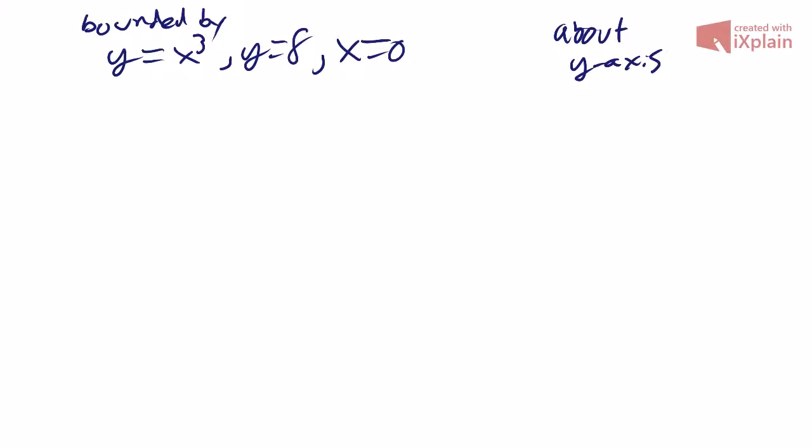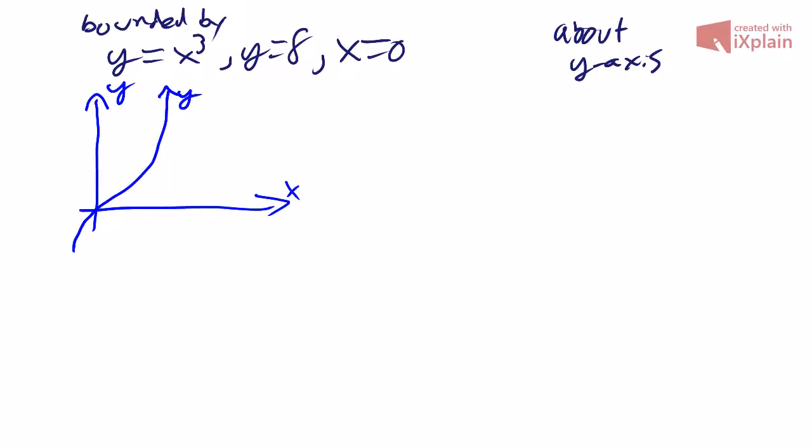Alright, so let's sketch our region. y equals x cubed, that looks something like this. y equals 8, that's a horizontal line.